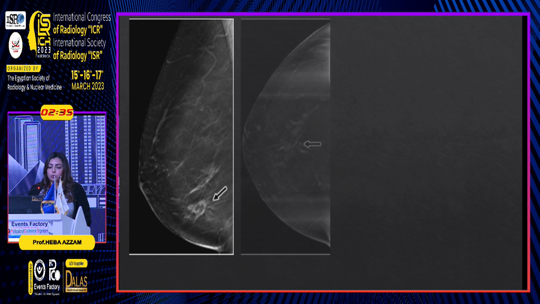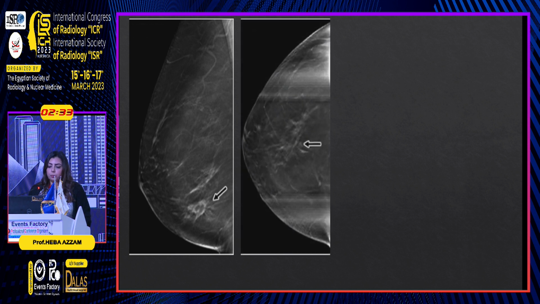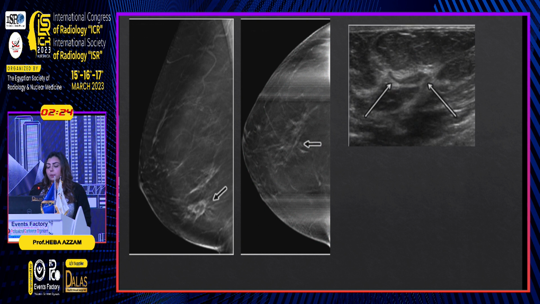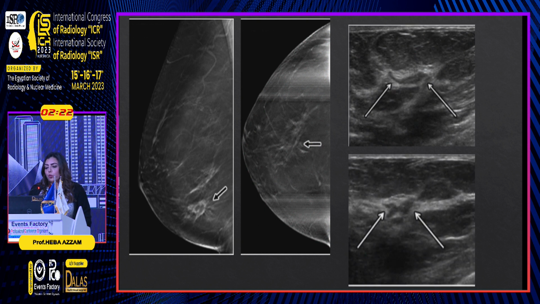In this case, we can see mediolateral oblique and craniocaudal mammographic views of a case showing architectural distortion at 6 o'clock. The corresponding ultrasound images show a focal hypoechoic non-mass lesion. The biopsy revealed atypical ductal hyperplasia.